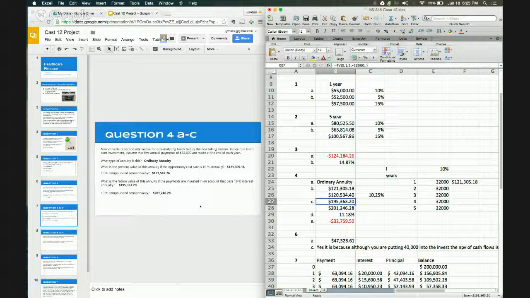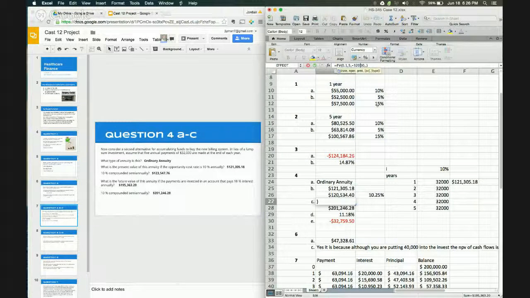Let's move on to C. C asks us, what is the future value of this annuity if the payments are invested in an account that pays 10% interest annually? So let's go over here. We're using the future value because that's what it's asking for. We have our 10% interest rate annually, as it says in the problem. It's over 5 years.